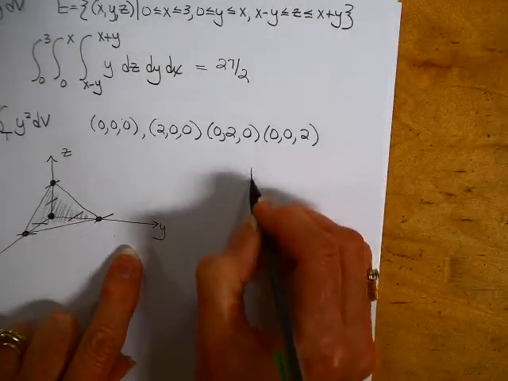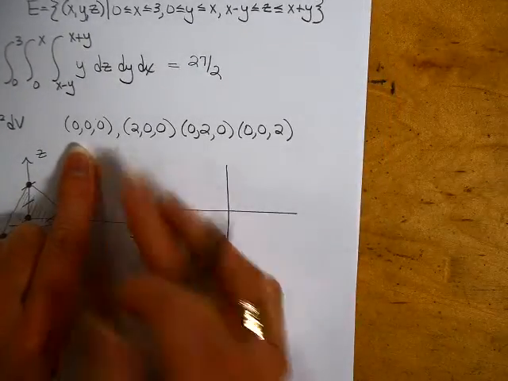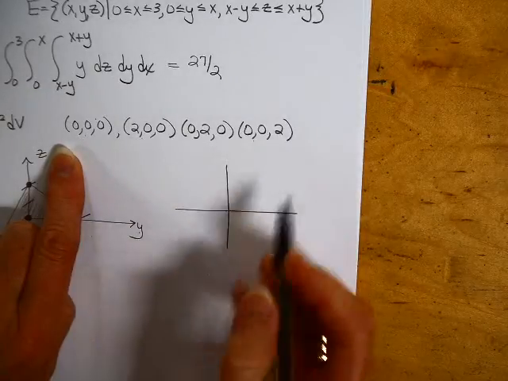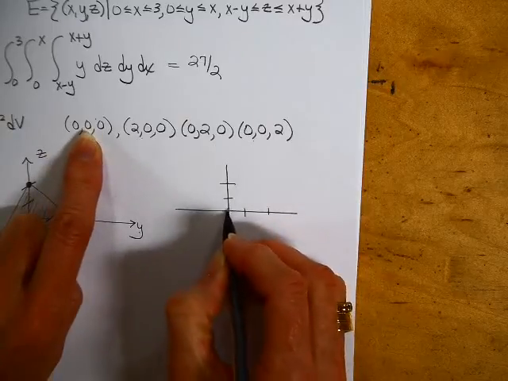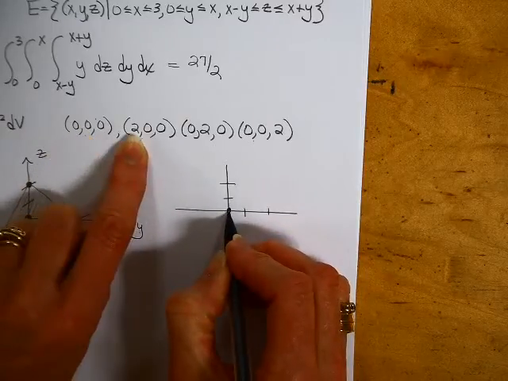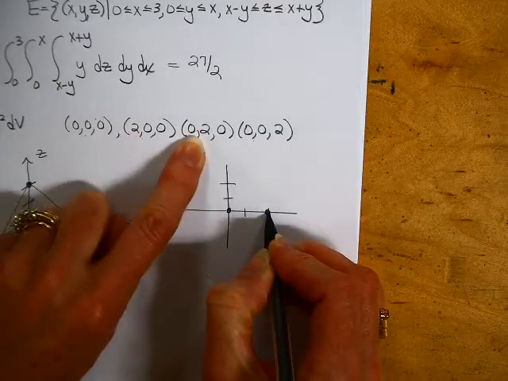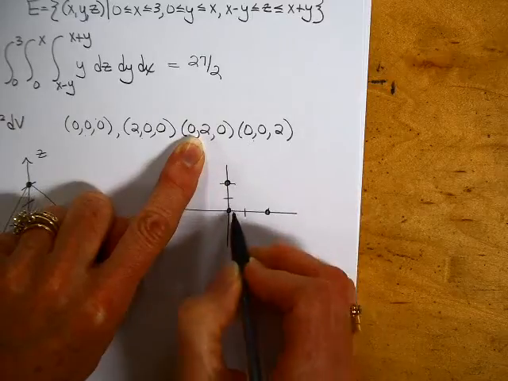Now you need to look at it in your xy plane. When you look at the xy plane, you plot the first 2 points of each of these. So I need the point 0, 0, which is right here. The point 2, 0, right here. And then the point 0, 2 is right here, and then the point 0, 0.